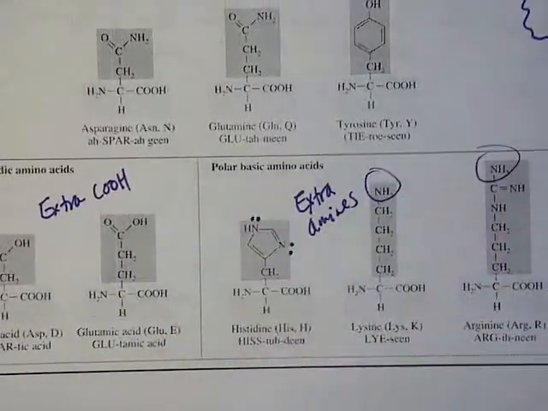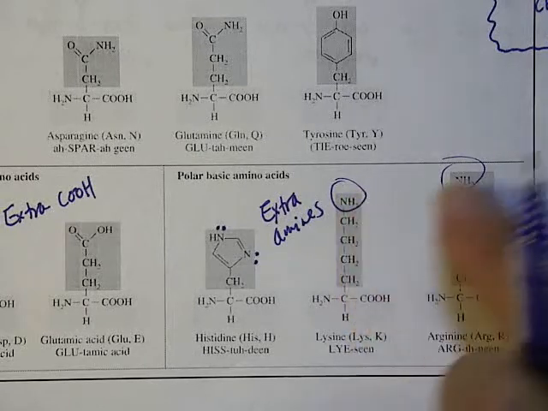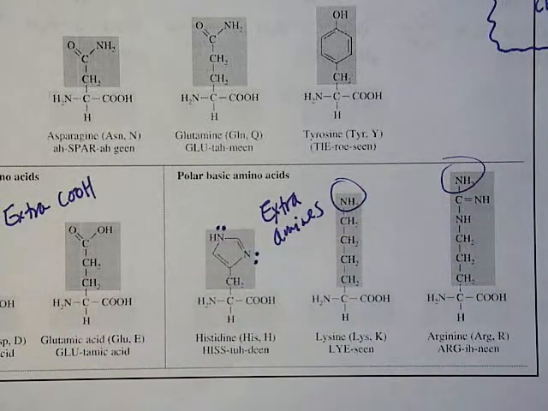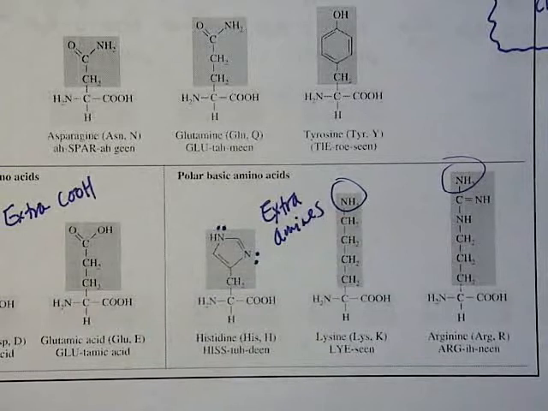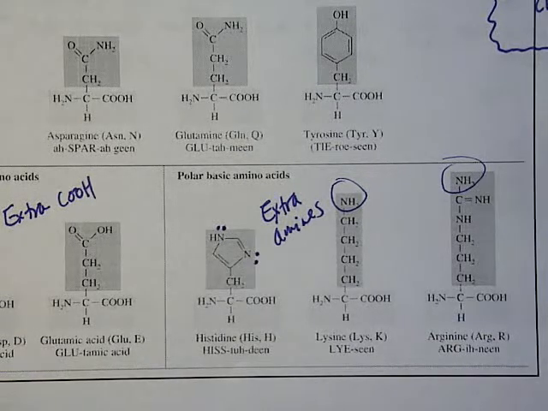In other words, they're not hydrophobic, they're hydrophilic, because the polar amino and polar carboxylic acid groups like being next to water. So you find these polar amino acids on the outside surface of proteins, because they don't mind interacting with water, and that should make common sense at this point.